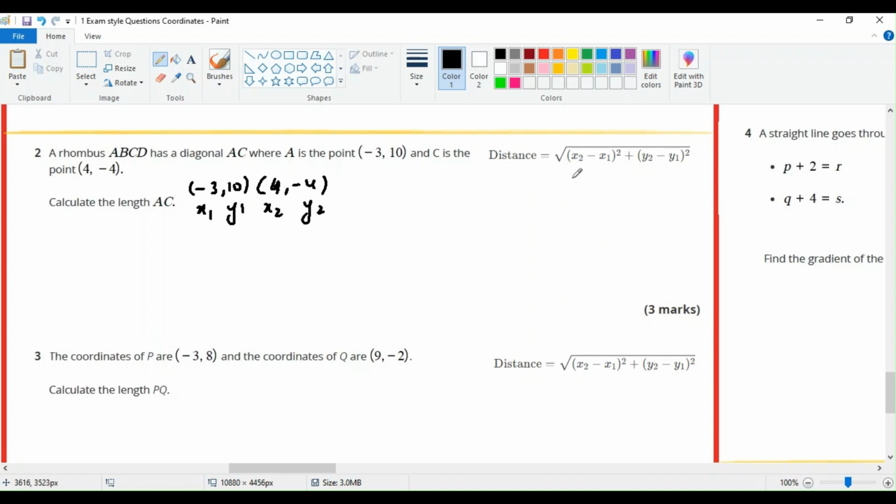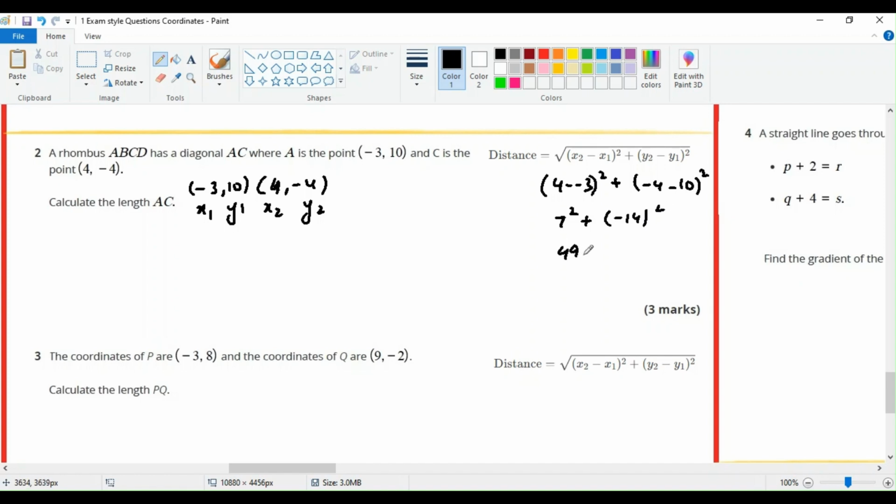So x2 minus x1, that means 4 minus minus 3, and this is going to give us a square, then comes plus y2, negative 4, minus y1, which is 10, squared. That means this is giving us 7 squared plus negative 14 squared.